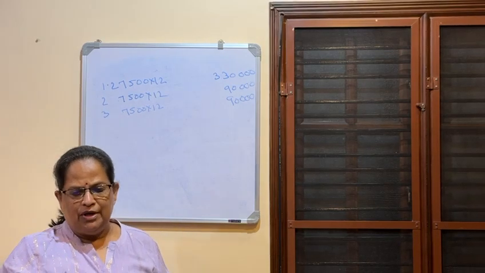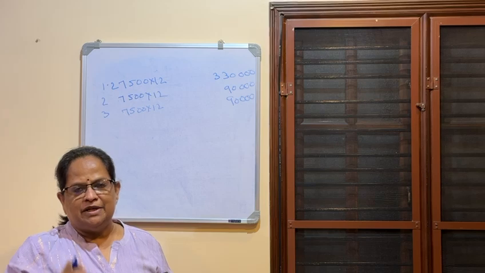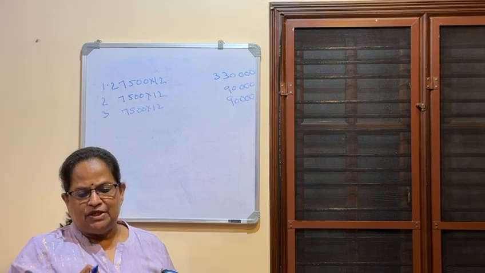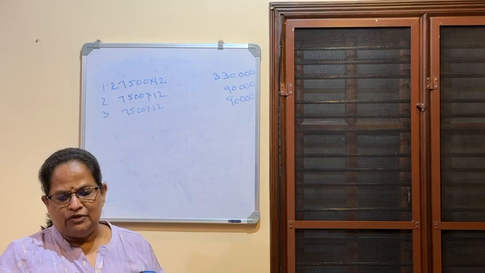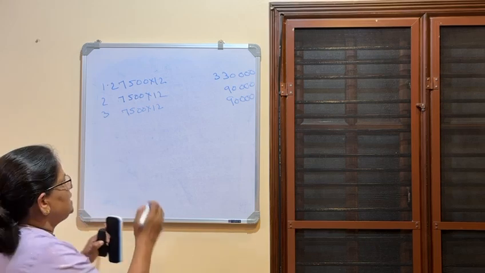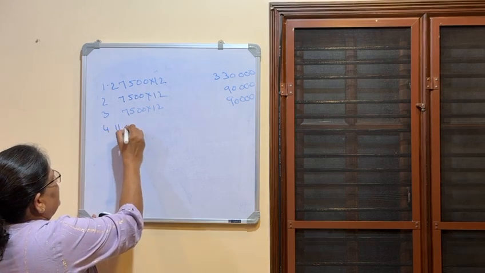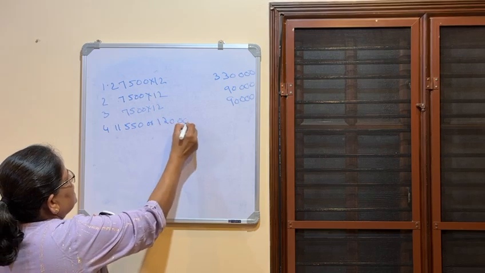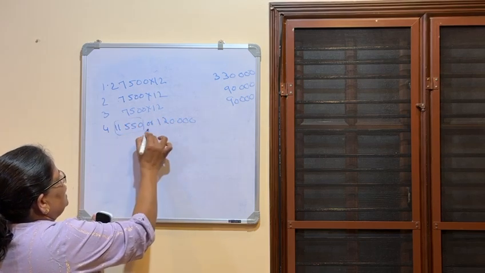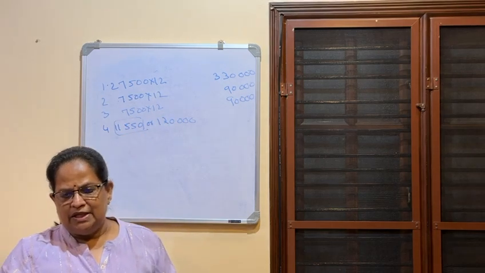Running allowance actual amount is 16,500. Exempt is 70% of 16,500, that is 11,550, or 1,20,000, whichever is less. So this value is the least value. You have to reduce it from 16,500.